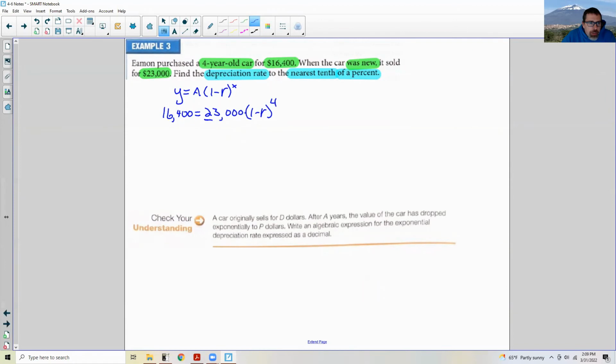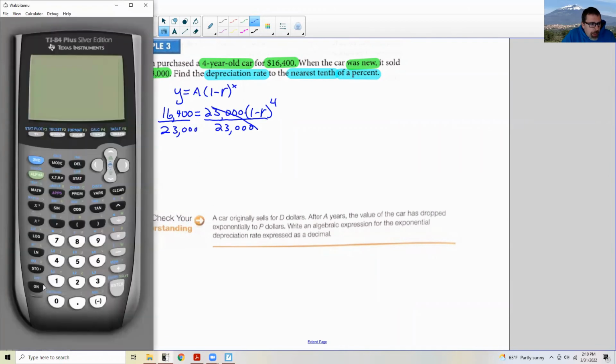There's multiplication. So first thing we have to do is get rid of this 23,000. So divide both sides by 23,000. These will cancel. And I'm going to divide that now and make it smaller.